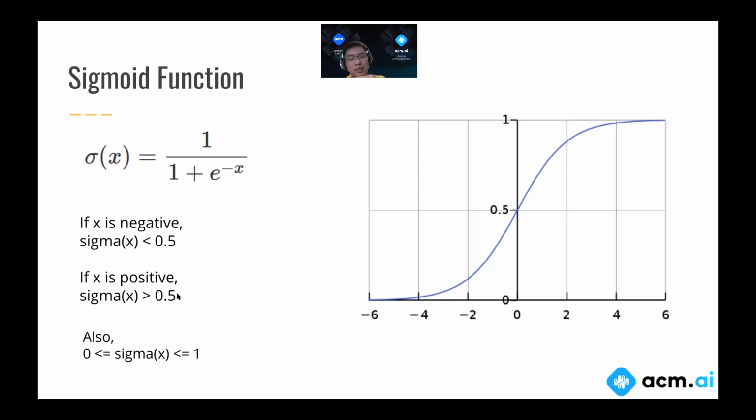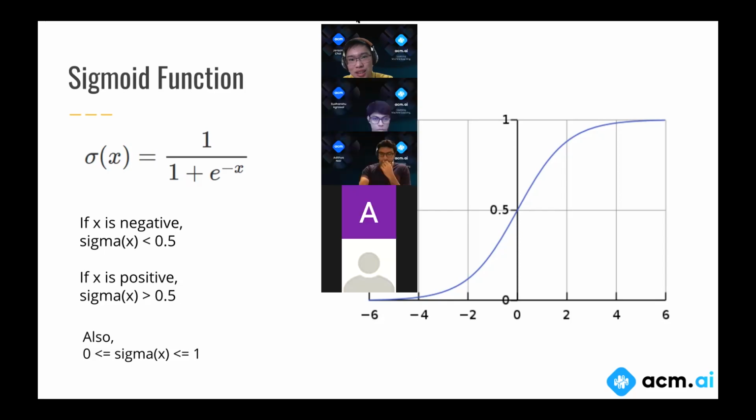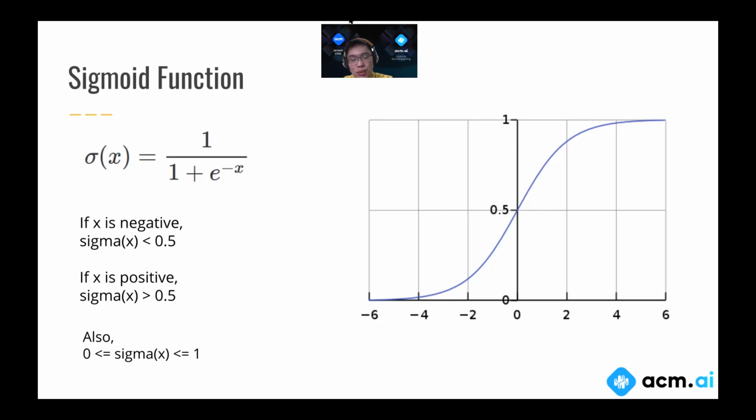So if we go back to the weather example, if our feature is less than 0, I think we're talking about cloud cover. If there's not a lot of cloud cover, the probability of this is going to be less than 0.5, right?